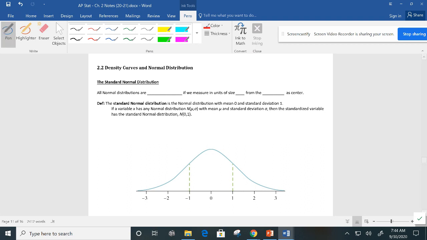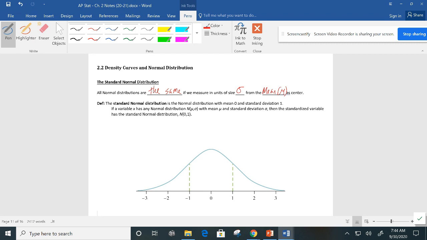In the standard normal distribution, all normal distributions are the same if we measure in units of size sigma from the mean mu as the center. What you see down below here is what we refer to as the standard normal distribution.